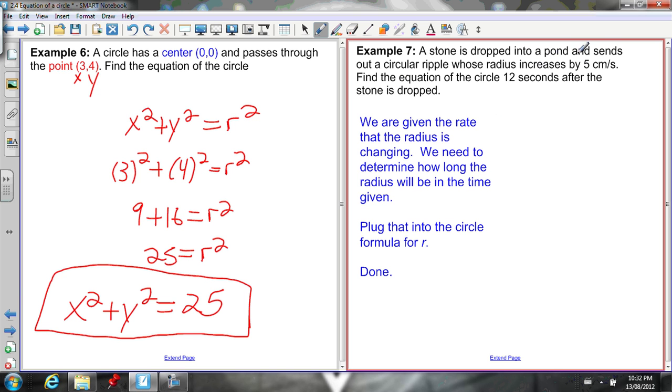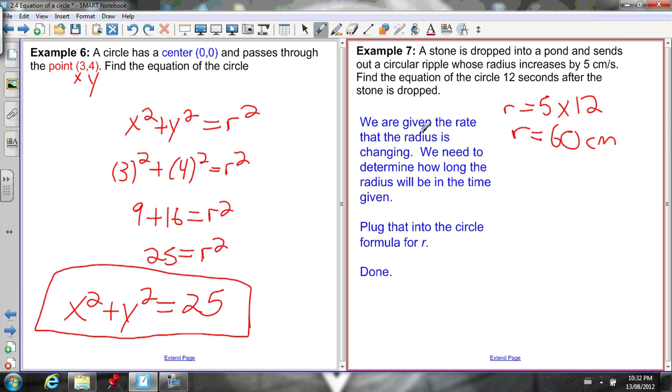I know it increases by 5 centimeters a second, so after 12 seconds, 5 times 12 will tell me my radius. My radius, 5 times 12, is 60. My radius is 60 centimeters.